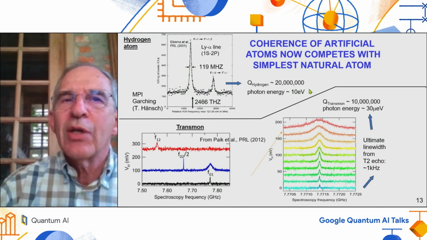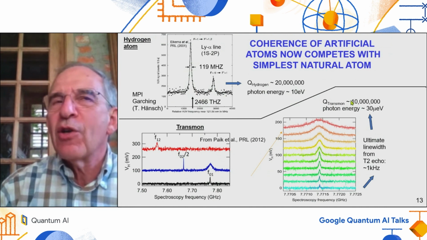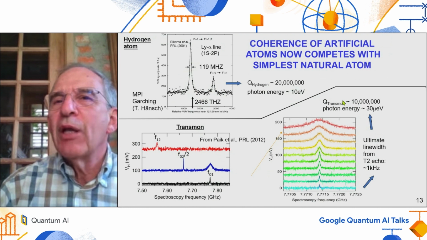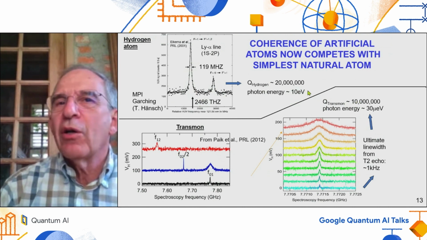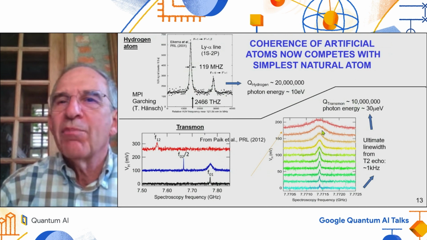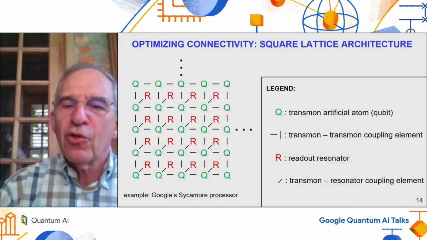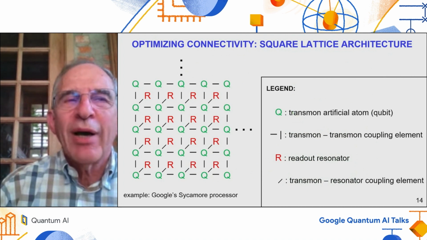We're not exactly at the level of the hydrogen, although in some experiments, by luck, people actually reach 20 million. But on average, it's fair to say that the current state of the art is more like 10 million. So I find it interesting that such a circuit with billions of atoms can rival a natural atom.